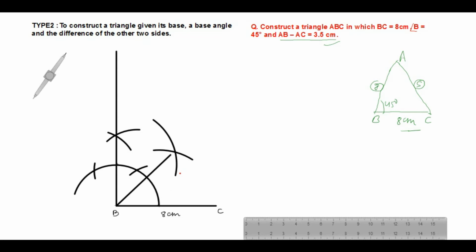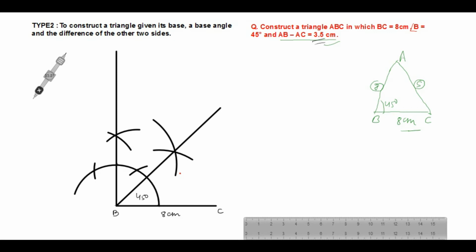Finally you will get this angle of 45 degree at the point B. Now since AB is greater, you have to cut one arc of the difference, 3.5 centimeter, from B on this line.